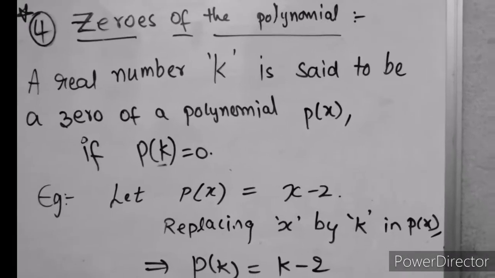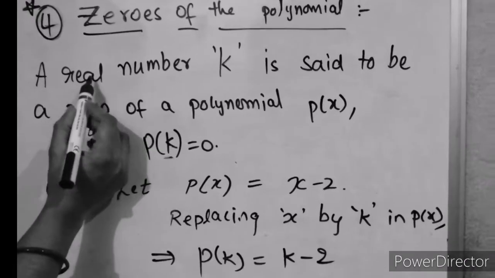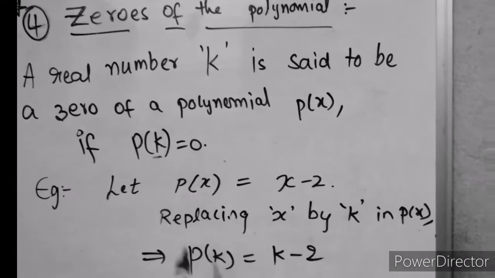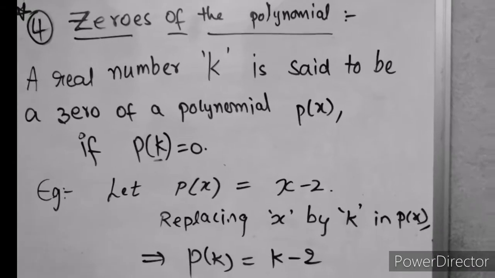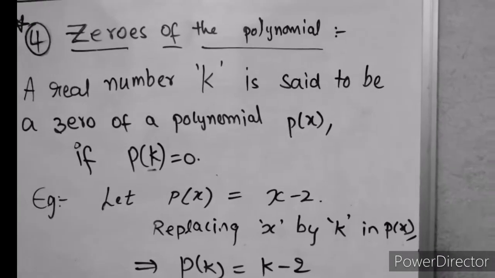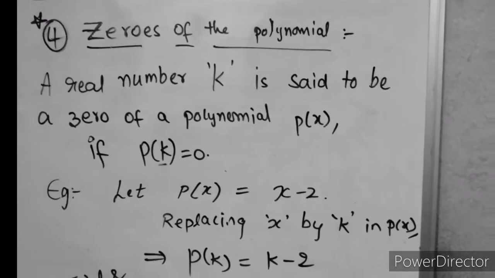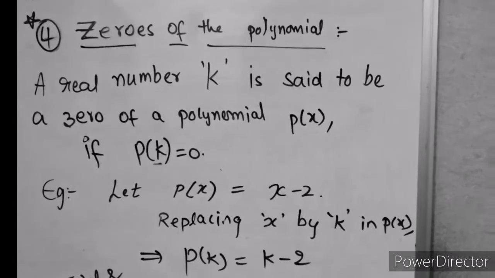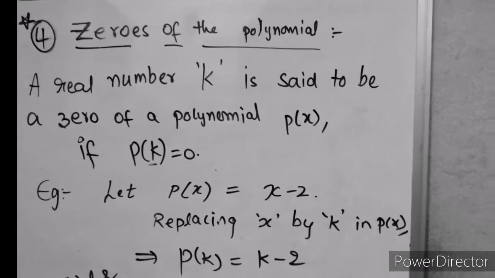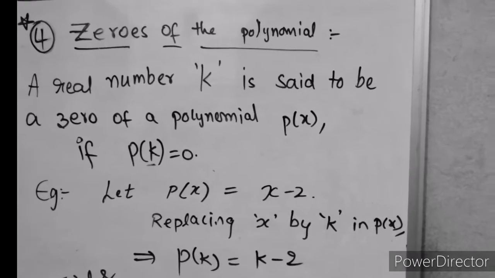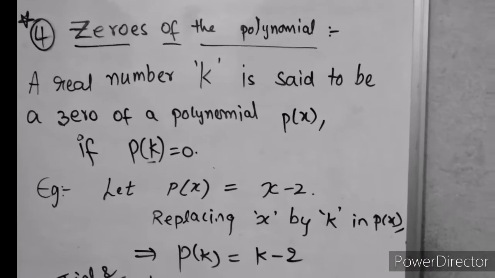Here what is k? According to the definition, k is nothing but a real number. By using the trial and error method, let us substitute k equal to 1.